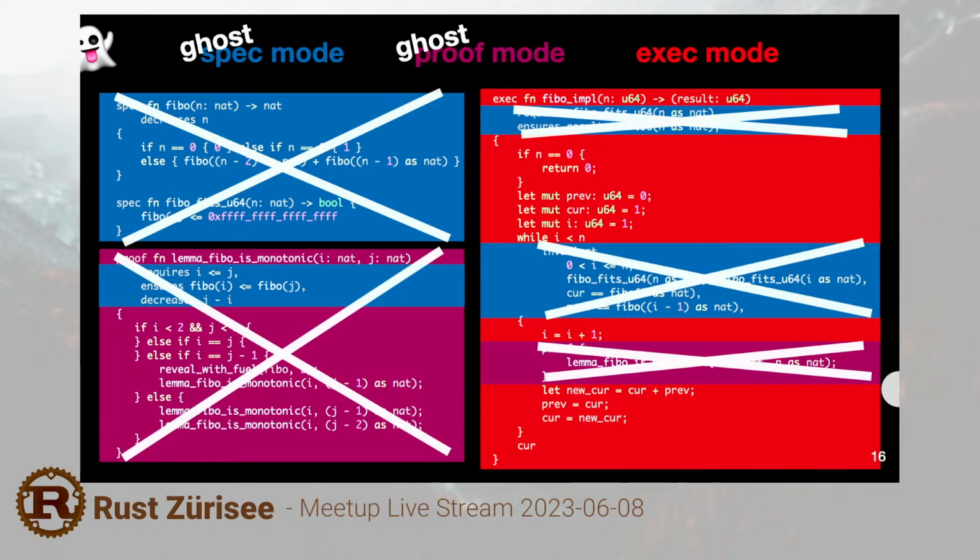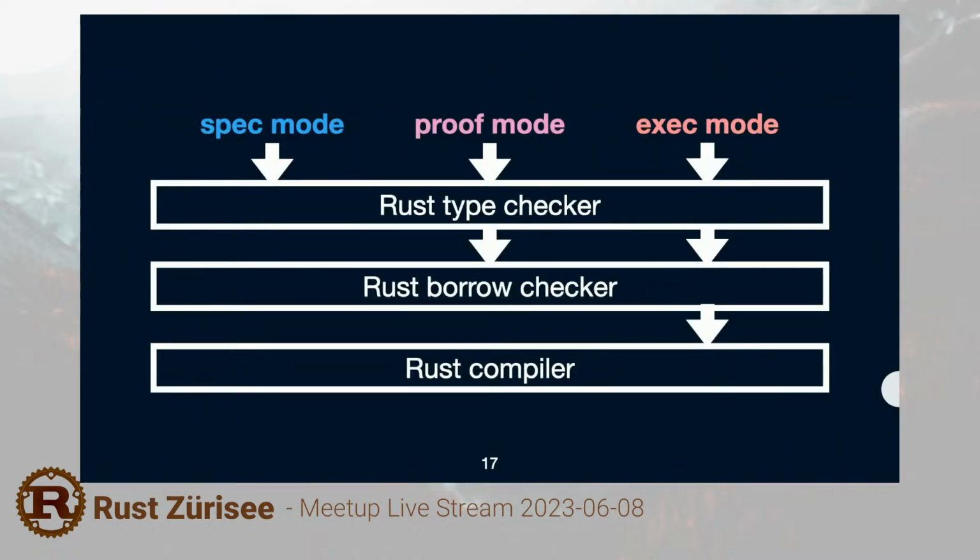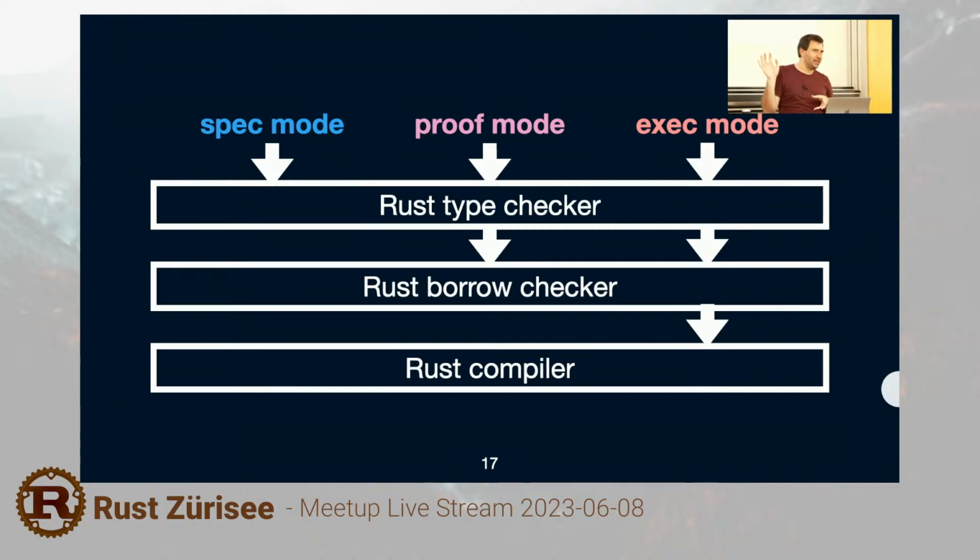The interesting thing in Verus is that we treat, and this is not quite exactly accurate, but I think a decent approximation, 3 modes of code that we've seen, and we only type check spec code. We don't borrow check it. Which means that you actually can violate some of Rust's restrictions on aliasing in spec mode code, but that's sound because spec mode code is just a functional language.